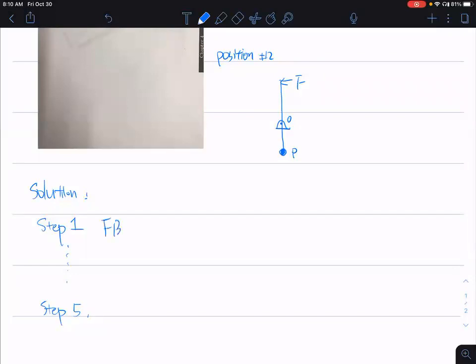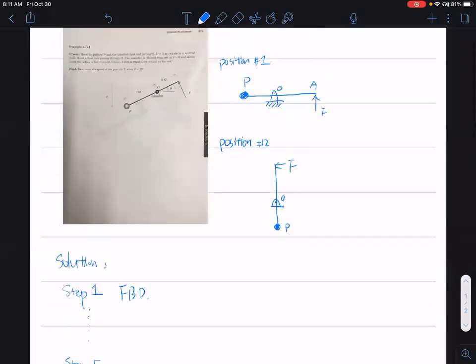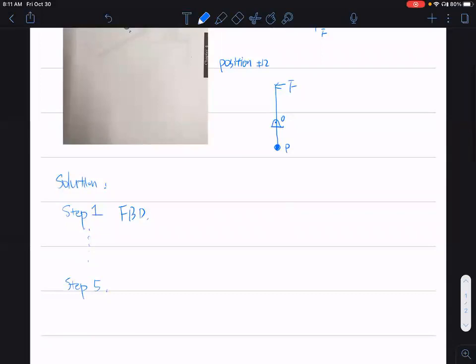So here's a trick. When you do a free body diagram, a good way to do that is based on the two positions we have here. I would draw my free body diagram.